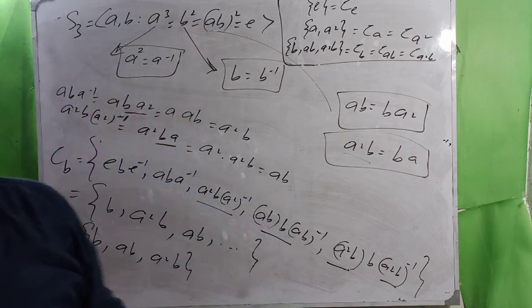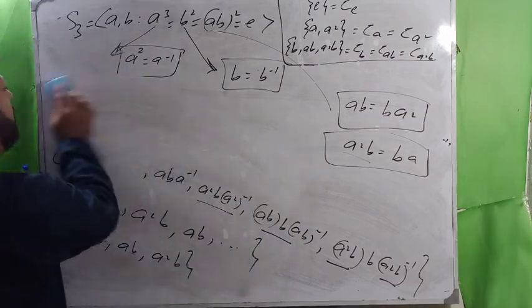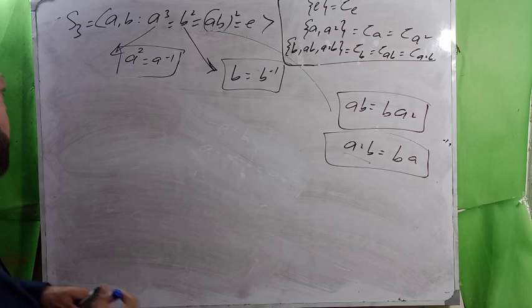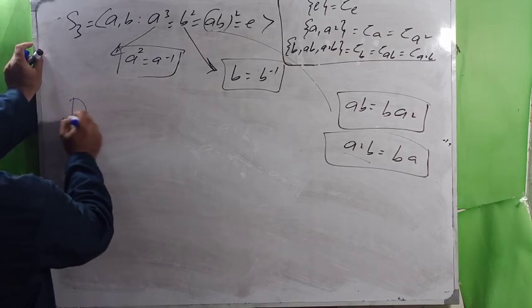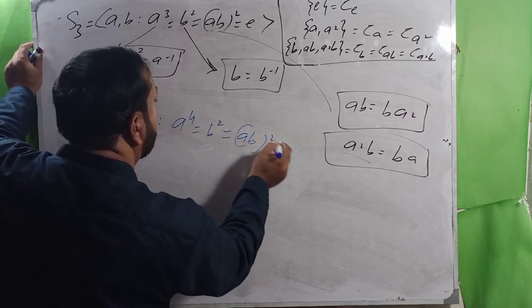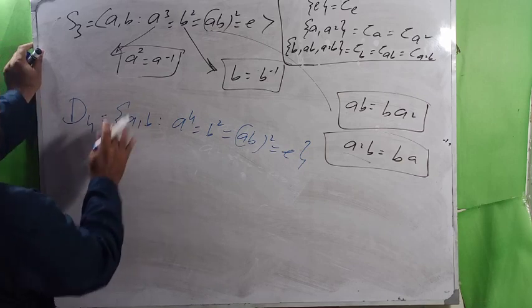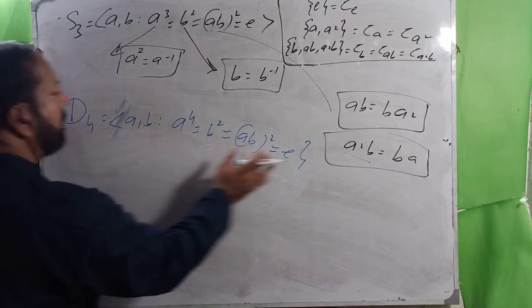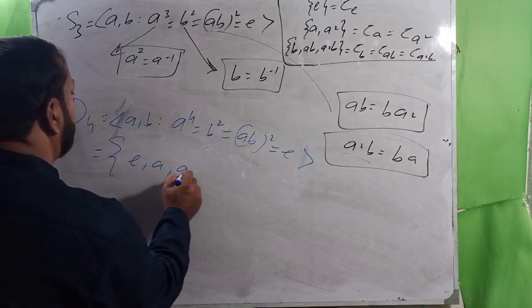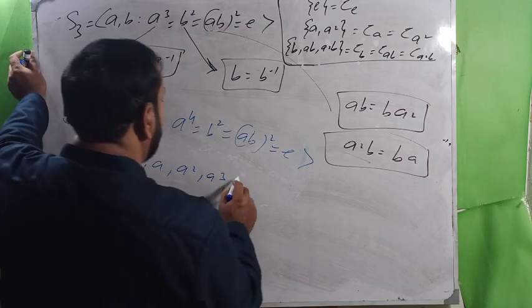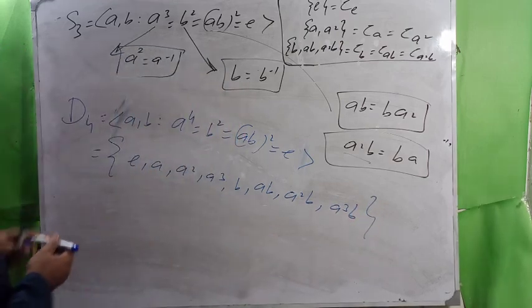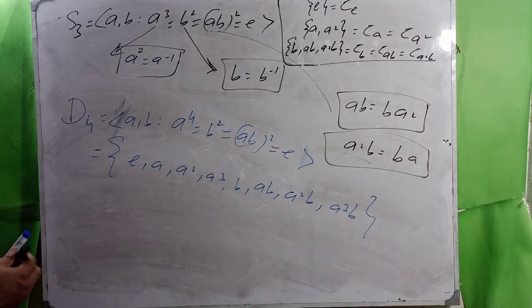Okay. Similarly, I am giving you an assignment to solve the other part. D4 is equal to AB, A4, B square, AB square is equal to E. If you write it in full, this is equal to E, A, A square, A cube, B, AB, A square B, A cube B. First of all, write its order structure.